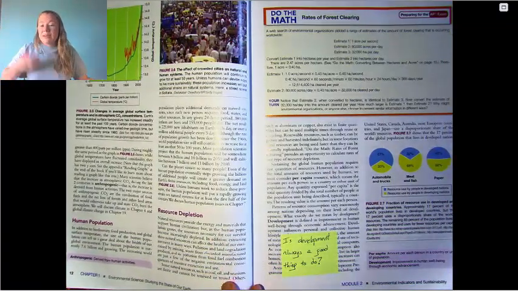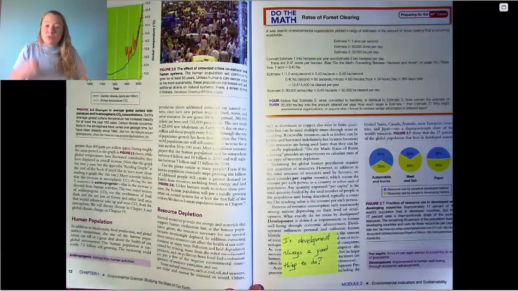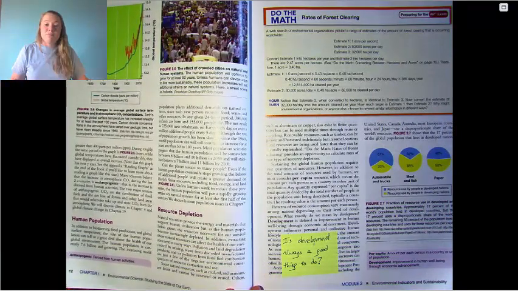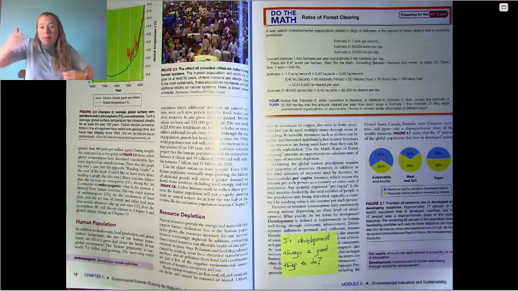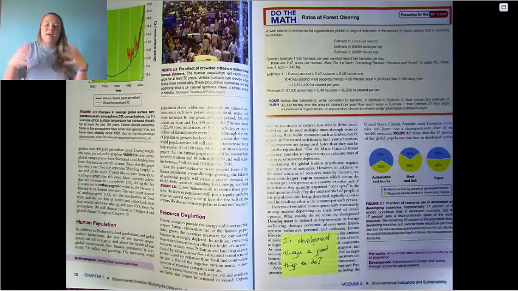So the rate at which resources are used is called resource depletion. It's been going up. We've been increasing the amount of resources used every single day because the population is getting bigger. And we classify this growth and this pattern of consumption as development.